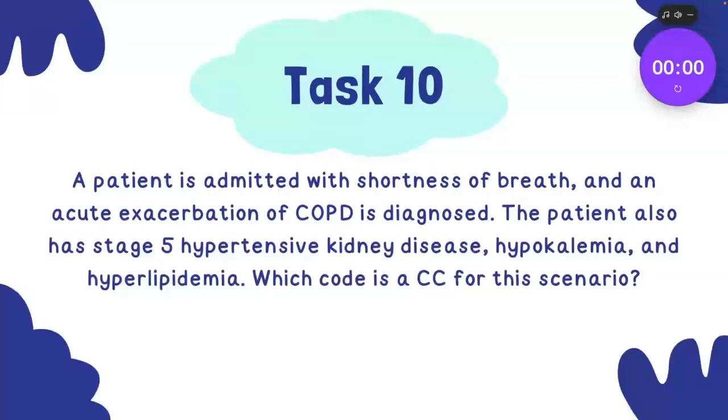The first thing you need to do is identify which condition is the principal diagnosis, so that you can take that diagnosis out of the equation. Why? The question about whether it's the CC or the MCC is related to the secondary diagnoses. So, based on this scenario, what is the principal diagnosis?